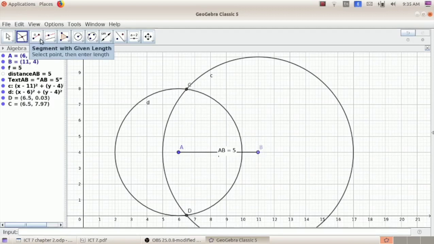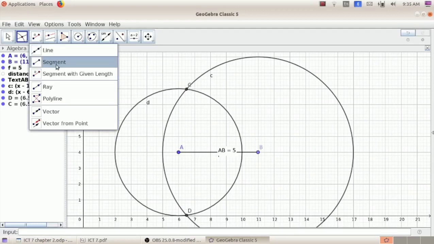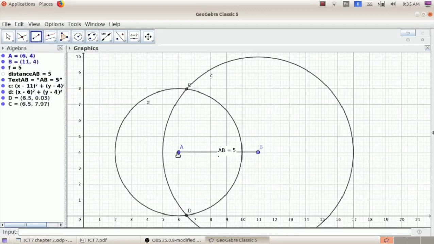For that, select the segment tool. Click on A, then click on C. After that, click on B, then click on C. Now we got the line segments AC and BC. We'll measure the length of these two line segments.